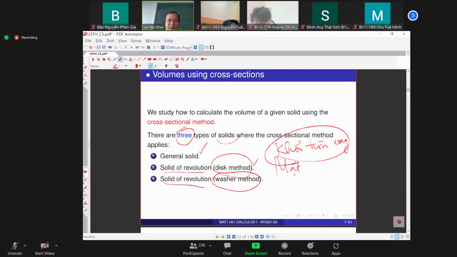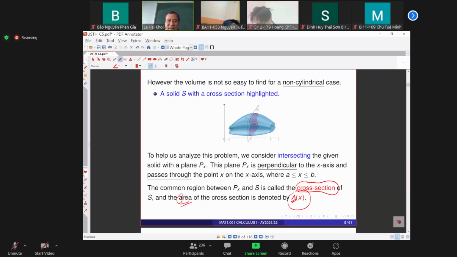Here you see, when you look at this and you divide it into many sub-intervals, then more or less you have something like that. And the slice we consider as a cylinder, very similar. Then the volume of that part is A(x), the base, multiplied by some height h. H here is delta x, this part.